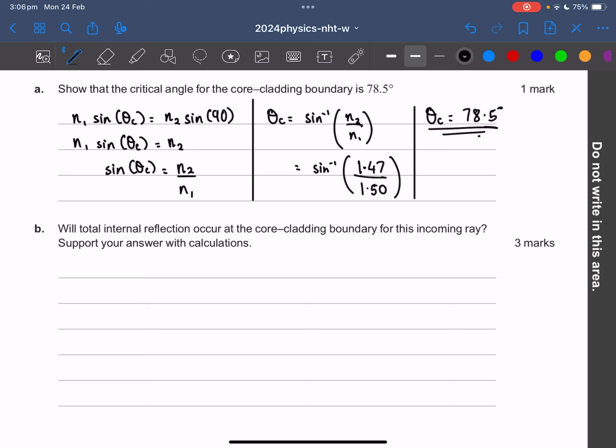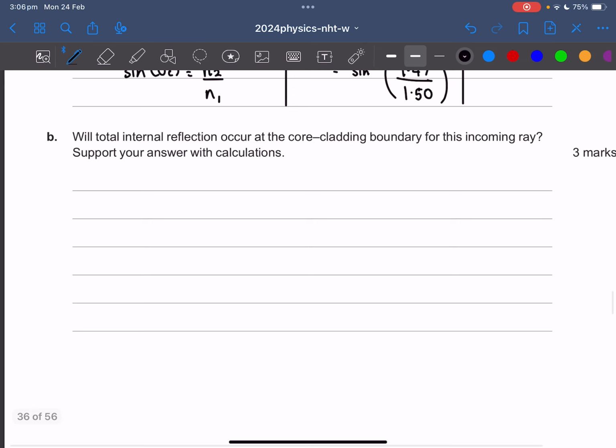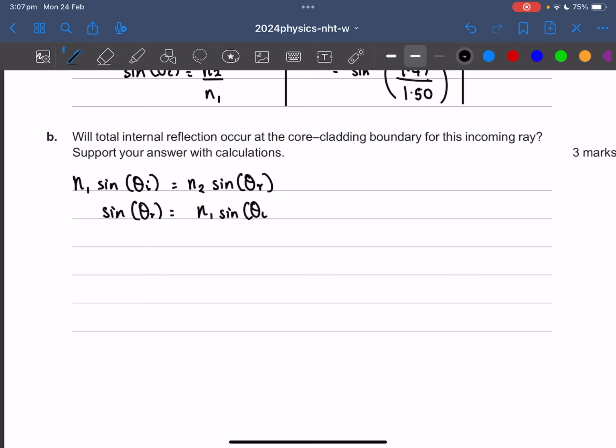So let us start by calculating the angle first. n1 sine theta i equals n2 sine theta r, so sine theta r equals n1 sine theta i on n2.